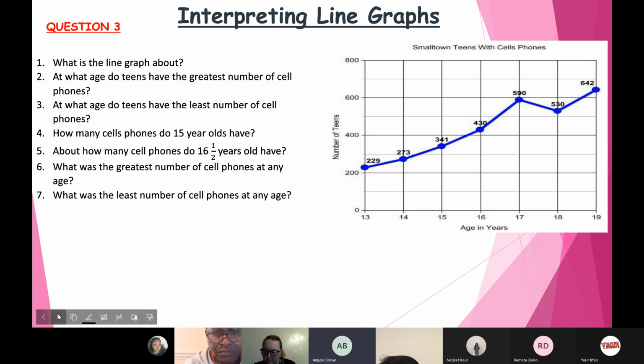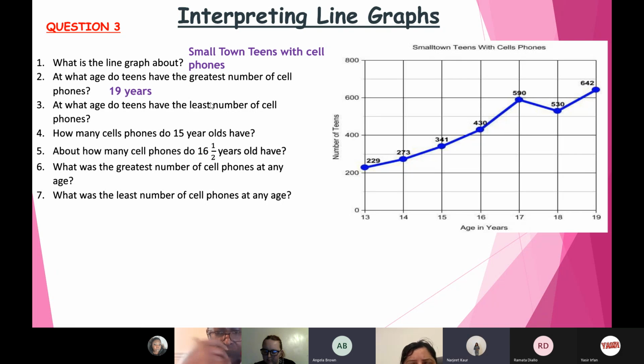Okay, let's see how we get on with this one. Shouldn't take too long to do. What is the line graph about? Well, it's all about small town teens with cell phones, because it's from the title. So you get the information from the title. What age do teens have the greatest number of cell phones? 19, because that's where 642 is, so at 19.